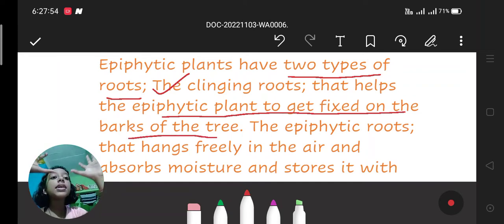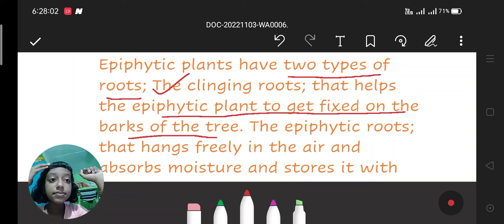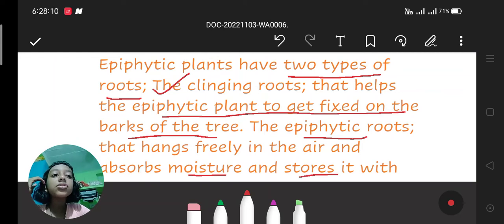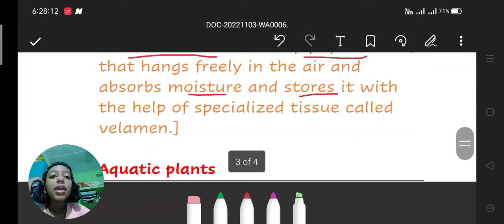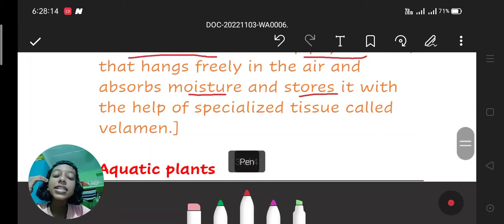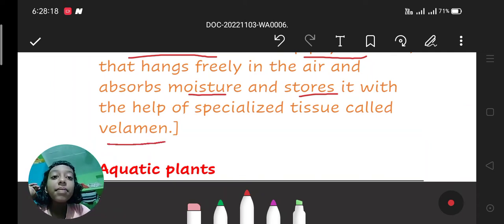The other is epiphytic roots that freely hang in the air and absorb moisture and store it, with the help of a specialized tissue called velamen. Clear?